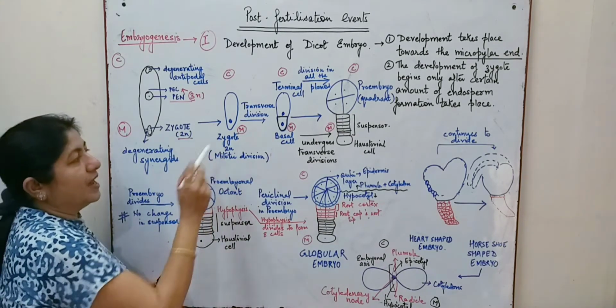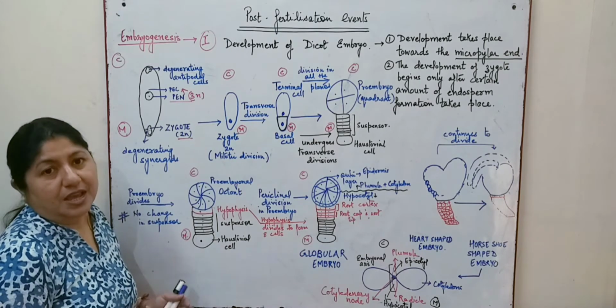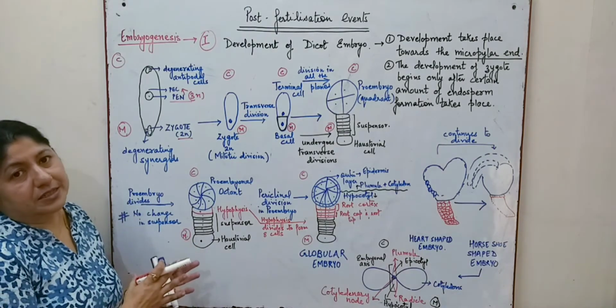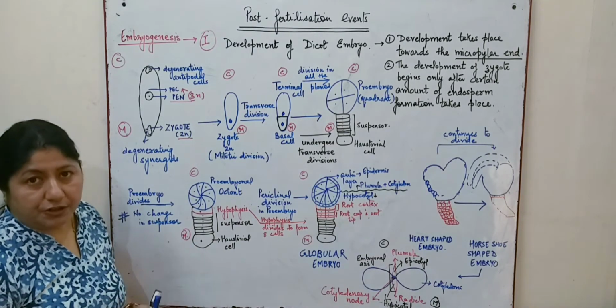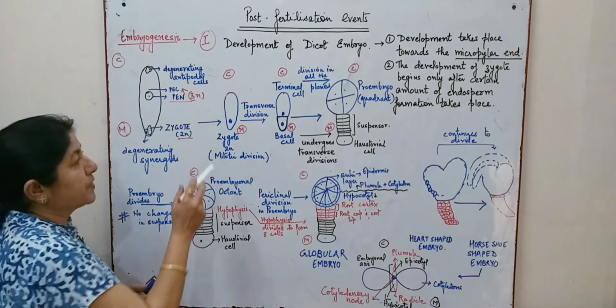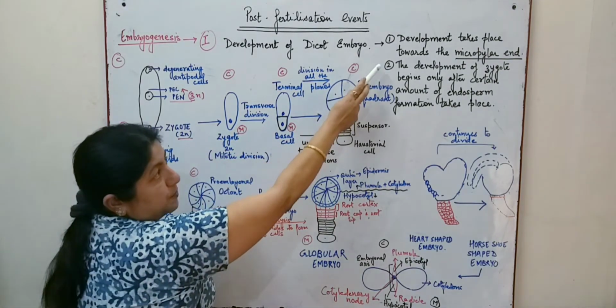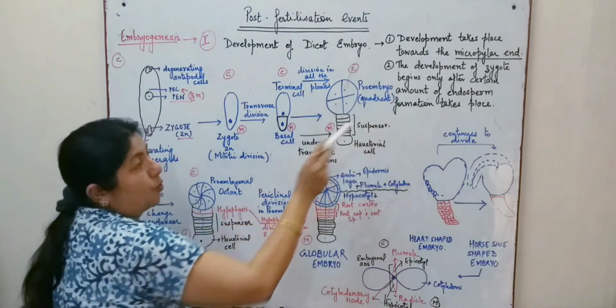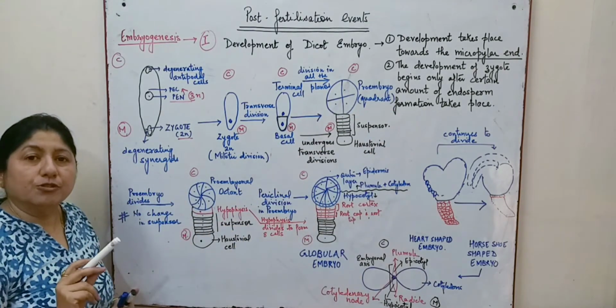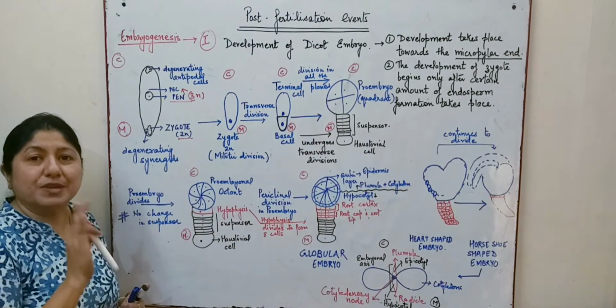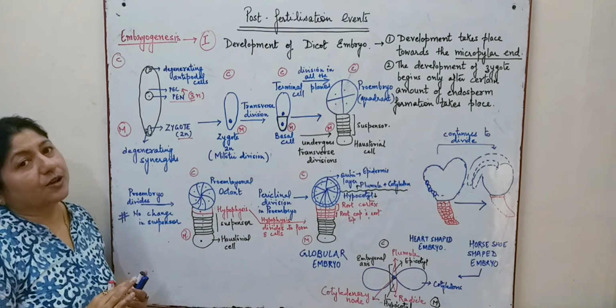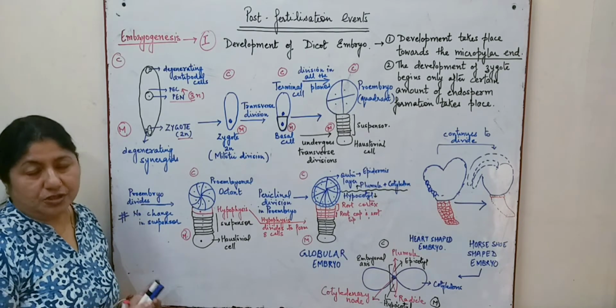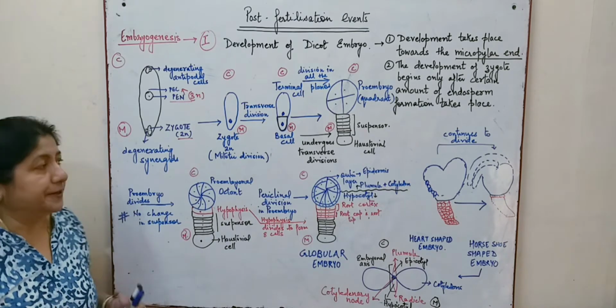So the zygote will have sufficient nutrition as it develops from one stage to another during the formation of the embryo. Until then, the zygote will remain at rest. That means it will not divide.